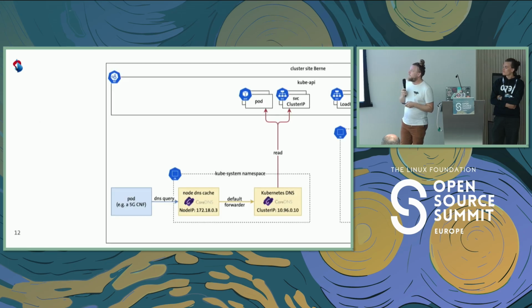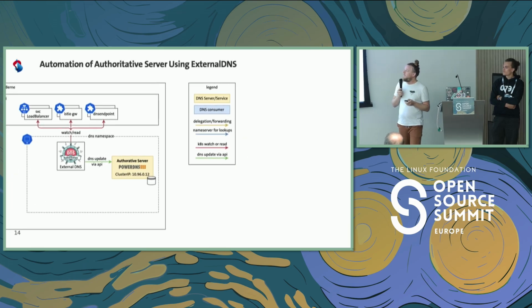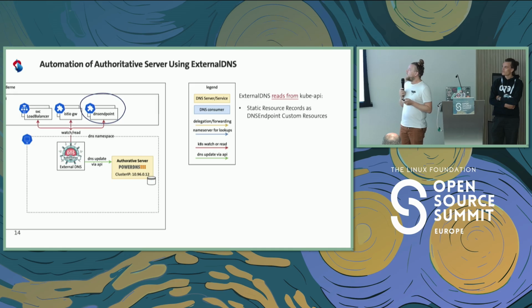So we started with the Kubernetes DNS in our architecture. We're going to zoom out a bit now. You can now see a single cluster which contains, on the upper right side, ExternalDNS and PowerDNS. So basically, we are using ExternalDNS as our syncer from the Kube API to the PowerDNS backend. ExternalDNS reads from the Kubernetes API. It reads static resources, which are called DNSEndpoint CRs, on the Kube API.